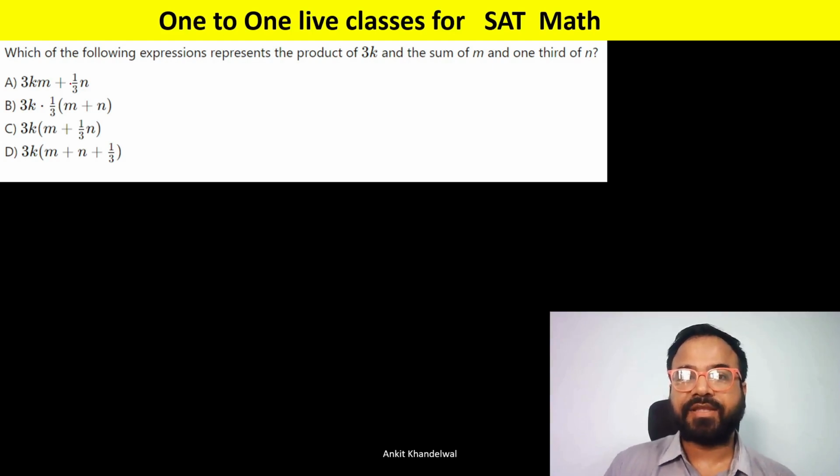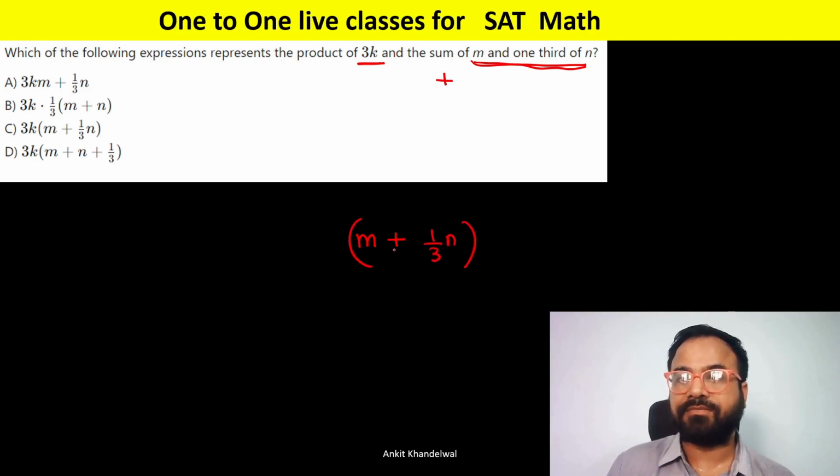Let's see the next. Which of the following expressions represents the product, again means multiplication, of 3k and the sum of m and 1/3 of n. Sum means plus. So product of 3k and the sum of these two. Now if you want to write the sum of these two, sum of m and 1/3 of n. 1/3 of n is this.